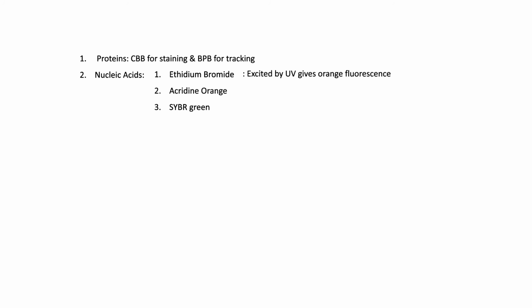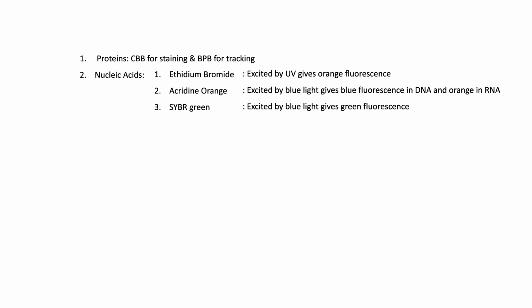Ethidium bromide excited by UV light gives orange fluorescence. Acridine orange excited by blue light gives blue fluorescence in DNA and orange in RNA. And SYBR green excited by blue light gives green fluorescence. Okay, so UV orange, blue, blue and orange, blue, green.